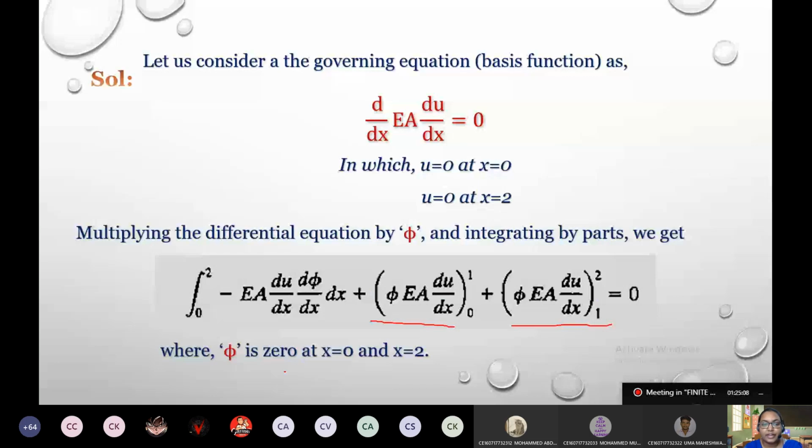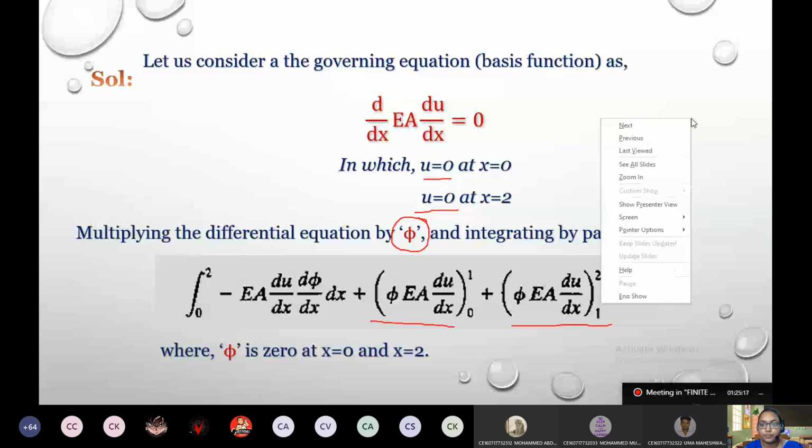Where phi is 0 at x is equal to 0 and x is equal to 2. I already said where it is specified there is no possibility of residue, the value of weighting function will be 0.